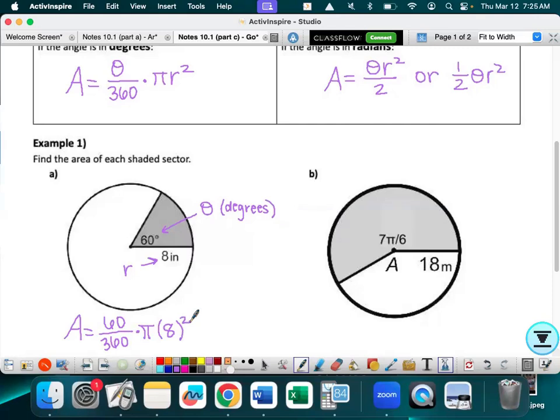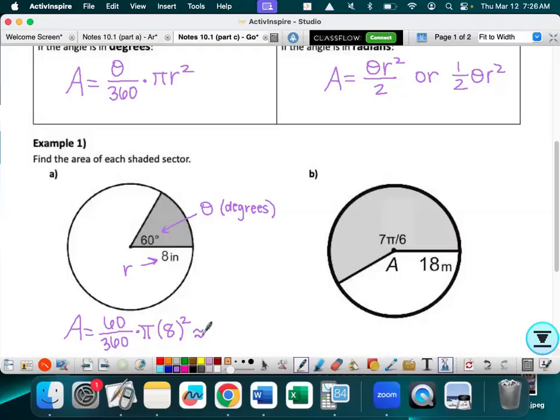Now, pi is an irrational number. That means that it goes on forever and ever without an end. So I already know that when I put this into my calculator, I'm going to get an unending decimal. So I'm going to put a squiggly equal sign to represent that I am approximating my answer. I'm rounding my answer.